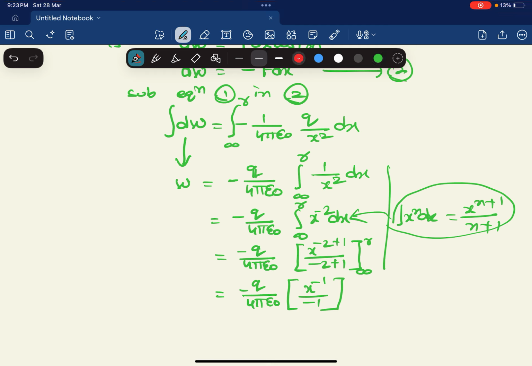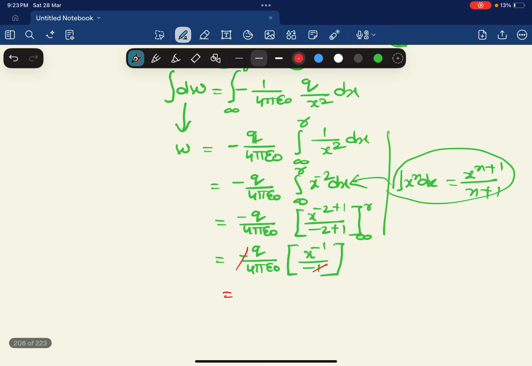Look at here, this minus and minus 1, minus minus becomes plus. Therefore the rest of the equation we can write as Q by 4 pi epsilon naught into x power minus 1, which we can write as 1 by x, varying from infinity to R. First I'm going to substitute the final position and then the initial position.